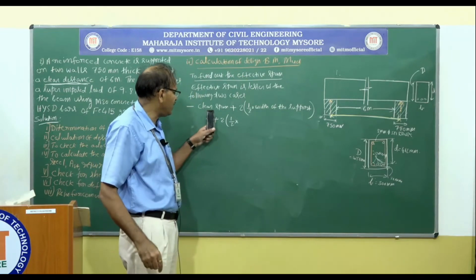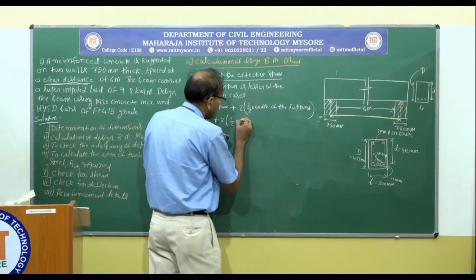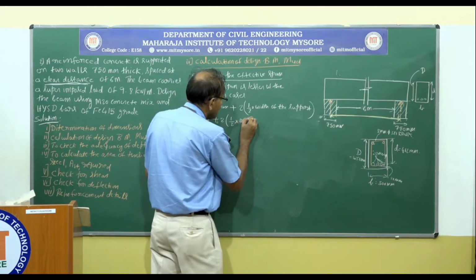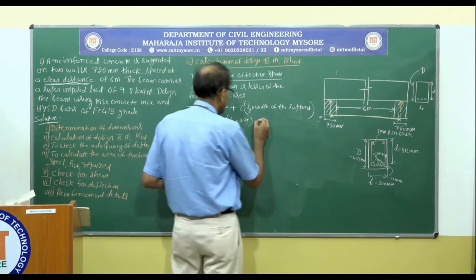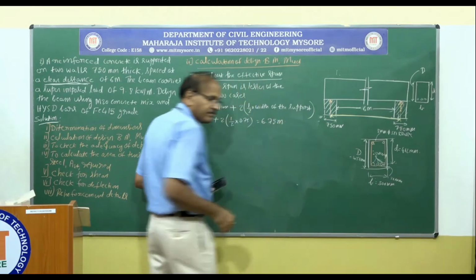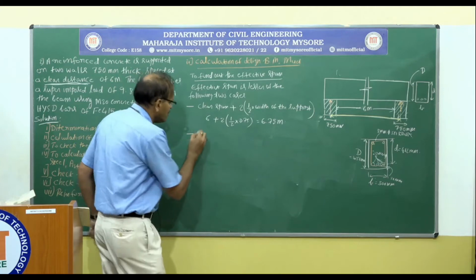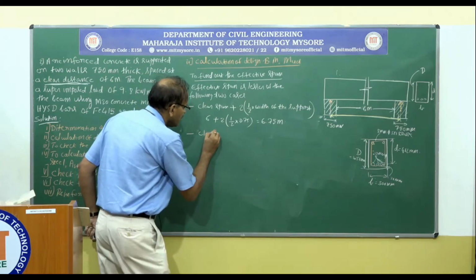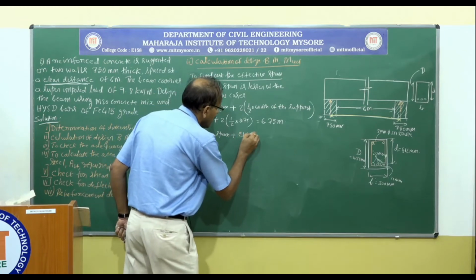We have this value in meter, so substituting 750 millimeter as 0.75 meter, that is equal to 6.75 meter. And the next case is clear span plus effective depth.